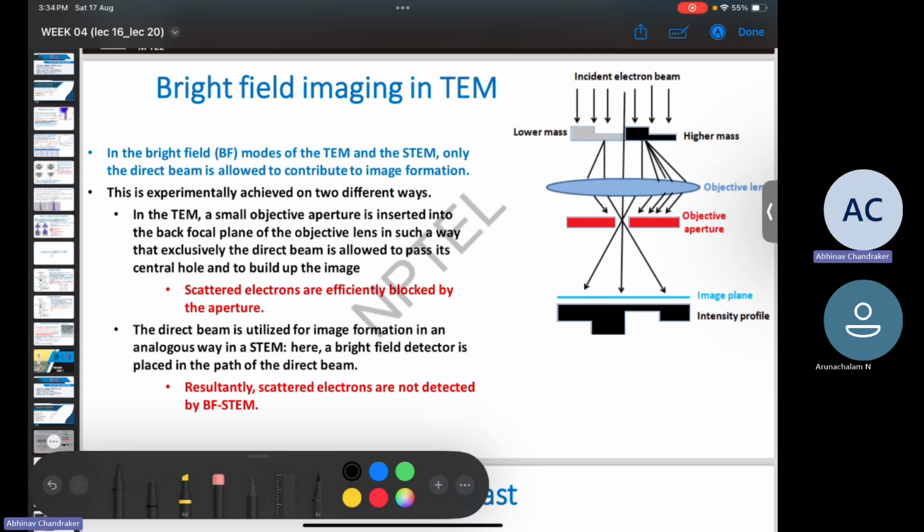Here, just like in case of optical microscopy, we allow the direct beam of incident electrons to pass through a small aperture, while all the electron beams which have got diffracted in different directions are blocked by this aperture, and as a result the image is formed only using the beams which transmitted directly through without getting scattered.